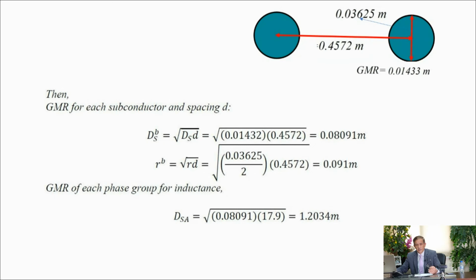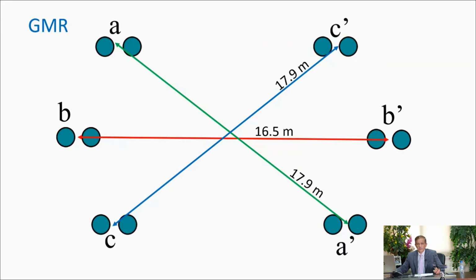The conductors themselves, I put their geometrical mean radius multiplied by the distance between A and A dash, 17.9. B, if you remember, it's 16.5. Here, back to B, between B and B dash, 16.5.